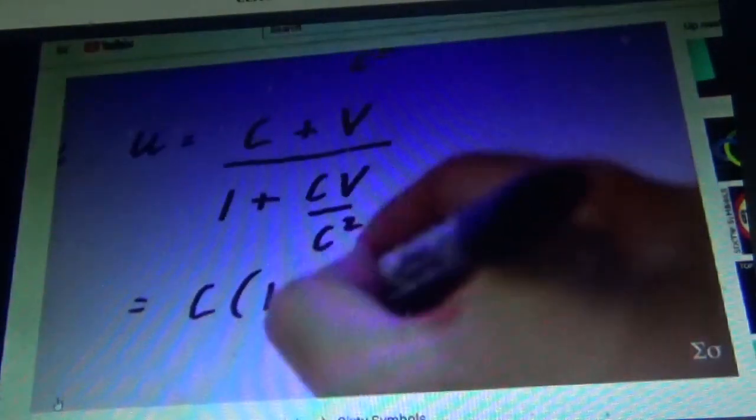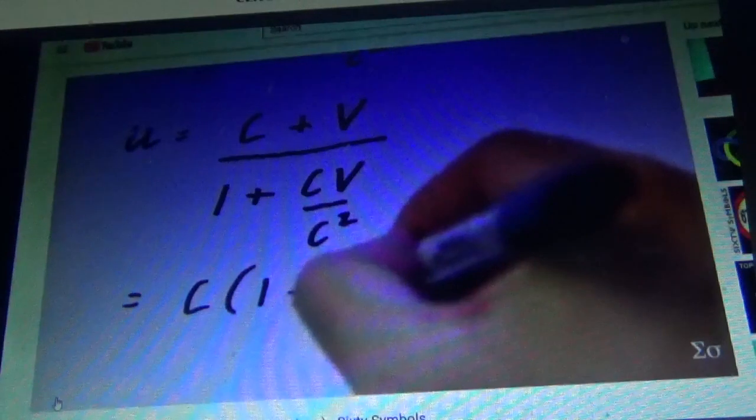Now we just do a little bit of playing around with this. So I'll rewrite the top here as c into 1, so I'll pull that factor out, plus v over c. This is sort of like a maths trick really, rearranging the equation to get it all reduced down to c.